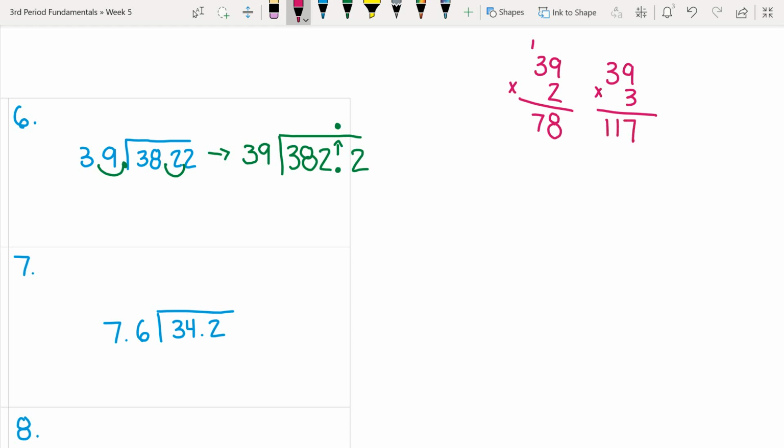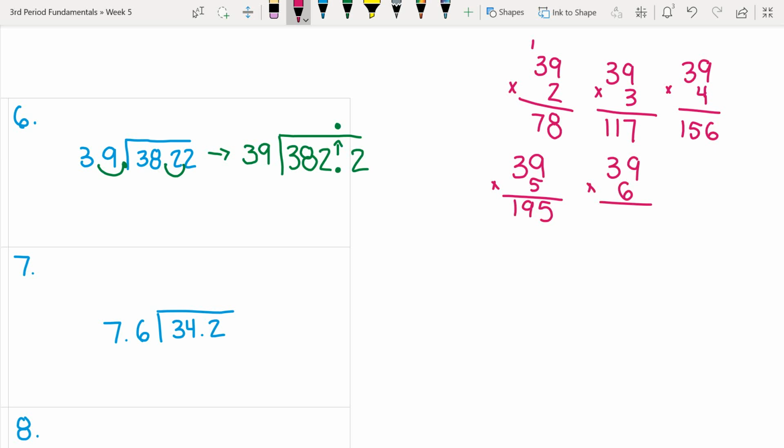39 times 3 is 117. 39 times 4 is 156. I'm still real far away. Now we have 39 times 5. 39 times 5 is 195. 39 times 6, man, this is gross.